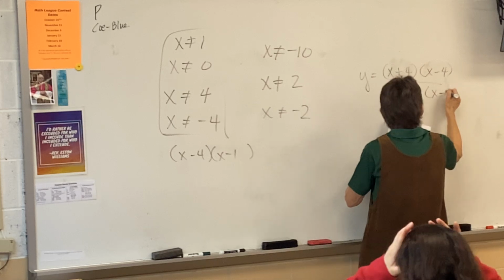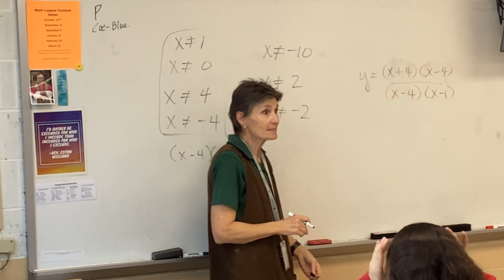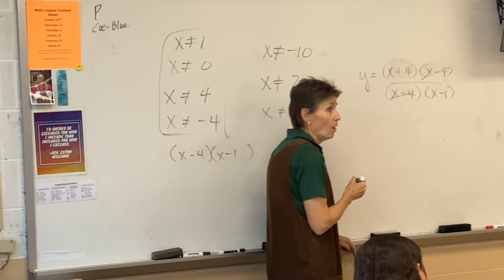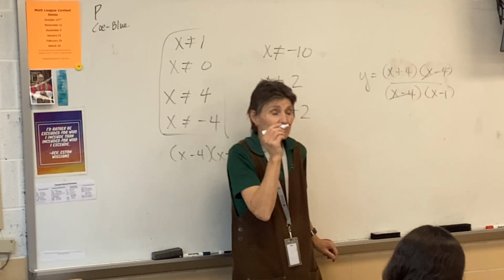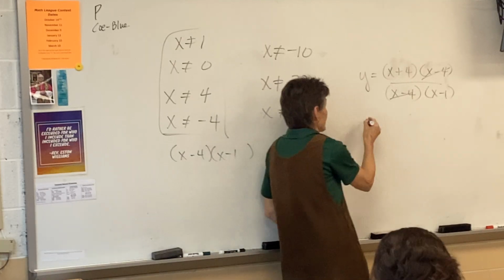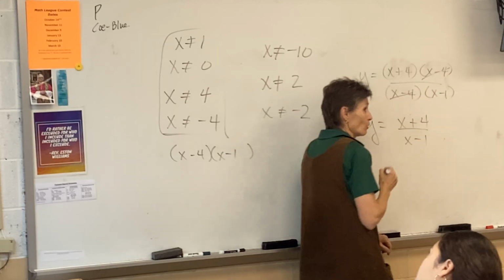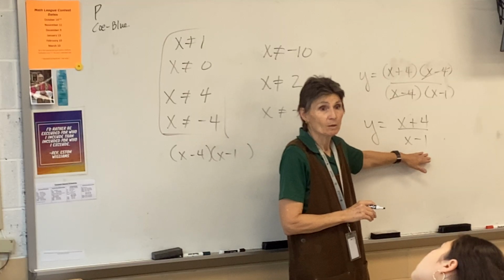Well, it looks like it has 2, but it actually doesn't have 2 because it has a hole. And the question says vertical asymptotes. So this problem would have a vertical asymptote at x equals 1.